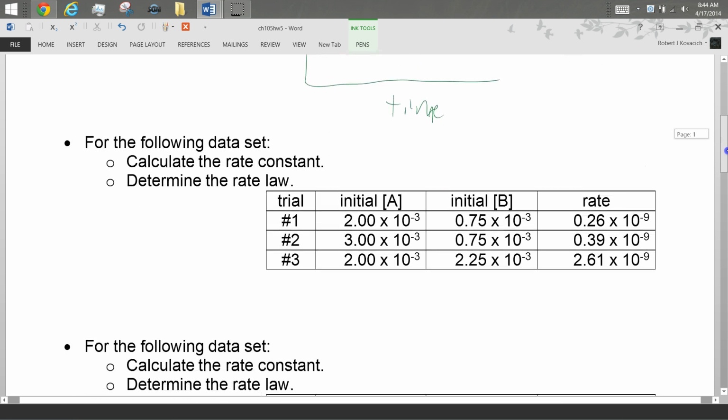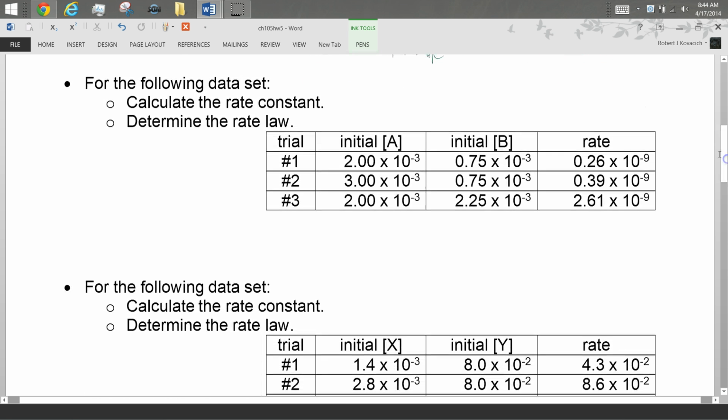All right, so we want to calculate the rate constant and determine the rate law. Okay, so if I pick trials 1 and 2, what information do I get? A, yeah. So here it goes up by 1.5. We okay with that? How much does it go up here? 0.5.